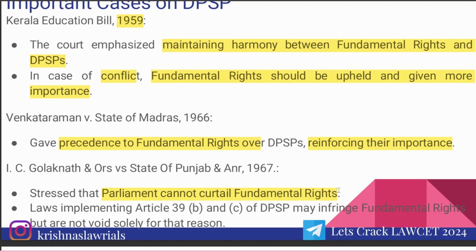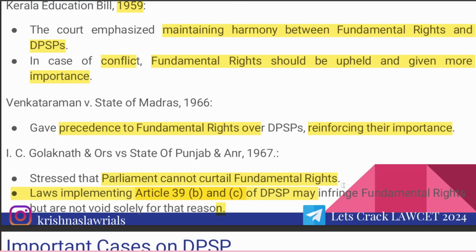So here they said that Parliament doesn't have the right to curtail, in a sense narrow down, the fundamental rights, and laws implementing Article 39B and C of the DPSP may infringe fundamental rights but are void solely for that reason. So they said that Article 39B and C are violating fundamental rights. So that's the reason we can't impose those DPSP, and always we will be giving importance to the fundamental rights.